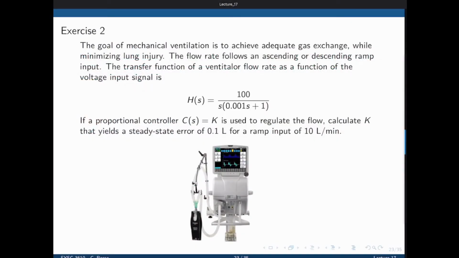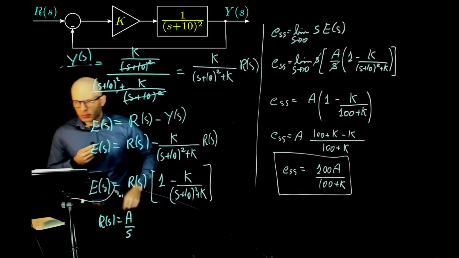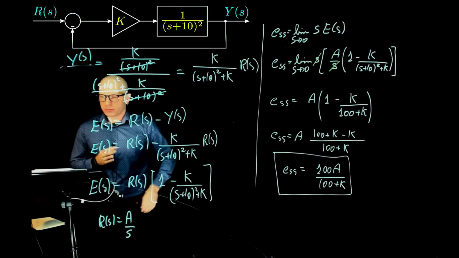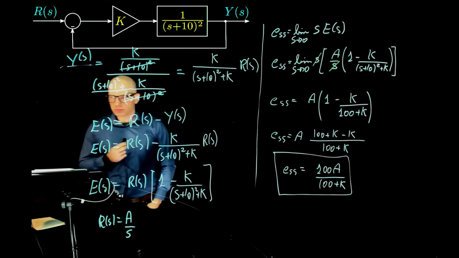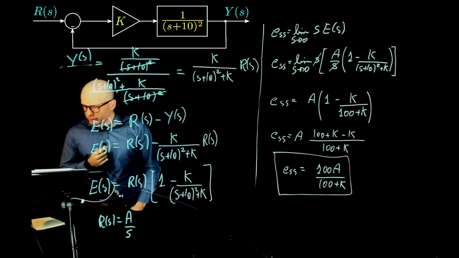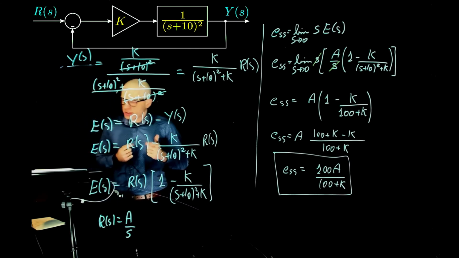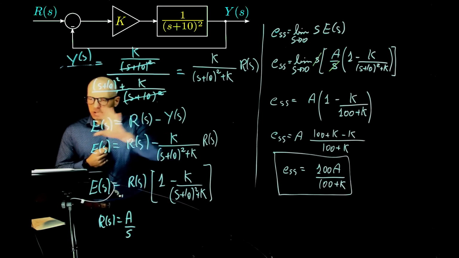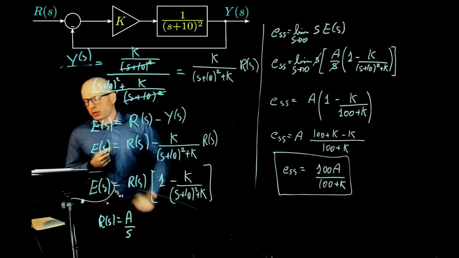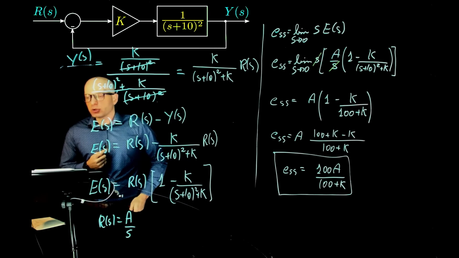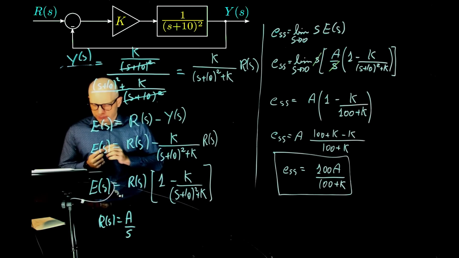I'll give you 2 minutes as I raise the light board to try this. So start looking at exercise 2. Two things: create the block diagram and also try to find the closed loop transfer function.